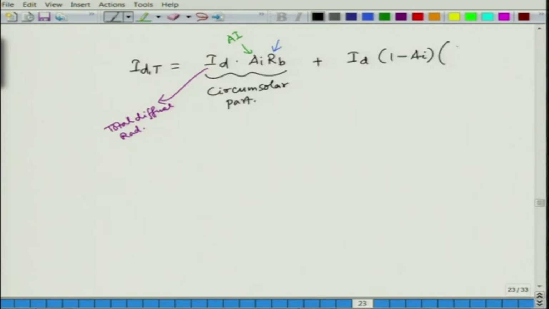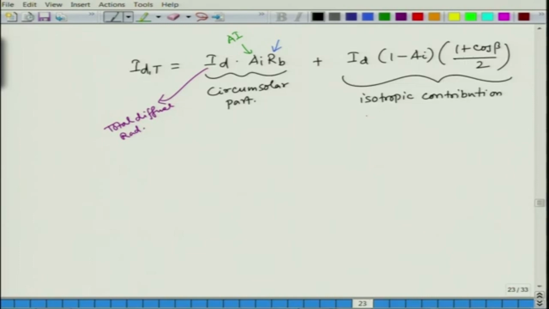And we of course have this view factor for the sky. So, this gives you the isotropic contribution to the total diffuse radiation. Is that clear?